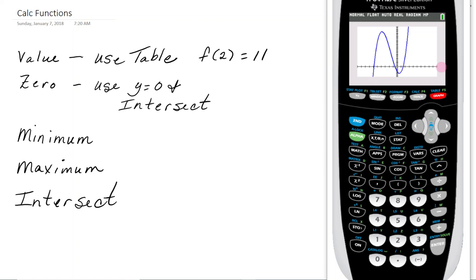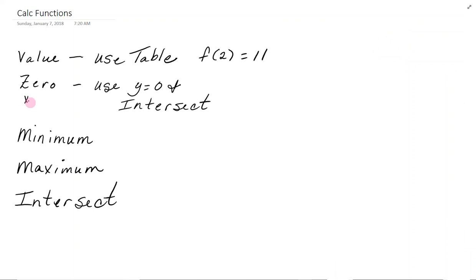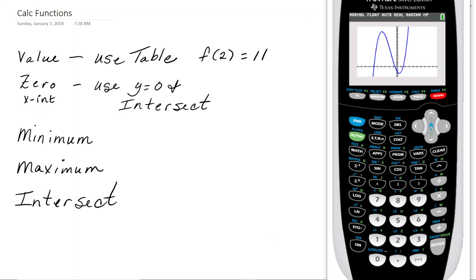Zero is the zero of a function. A zero can be called an x-intercept. I personally like to find my x-intercepts a different way, and I will talk about this in a few minutes.